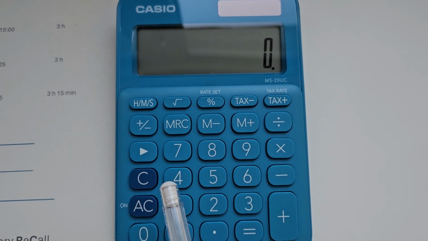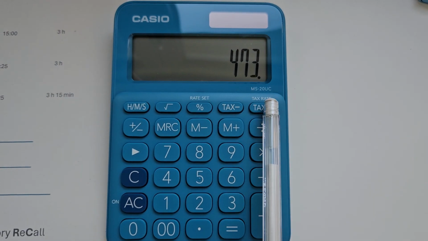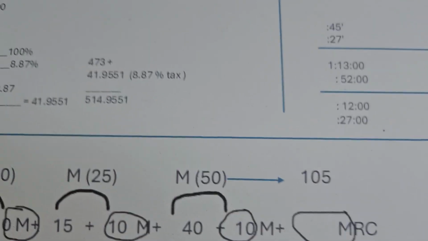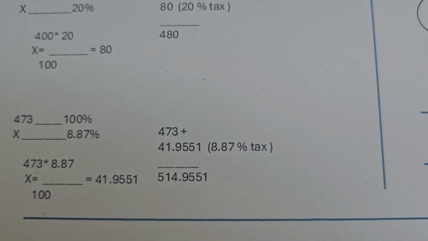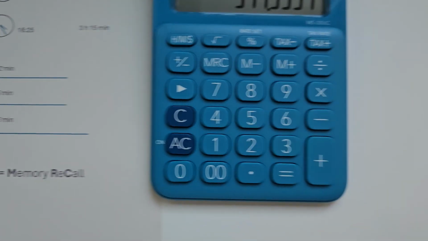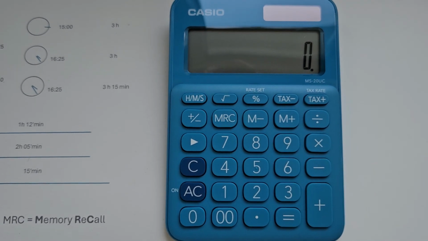And we go to the start, and then I do 473 plus tax. And here we go. It's just what we expected. So the 8.87% tax has been added. That is correct. And that is how we use the tax function.